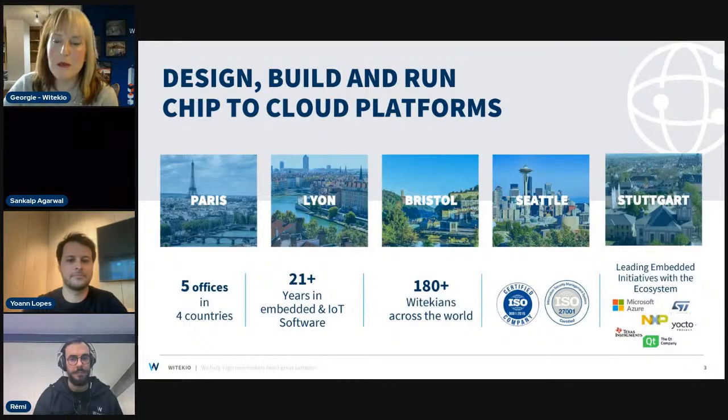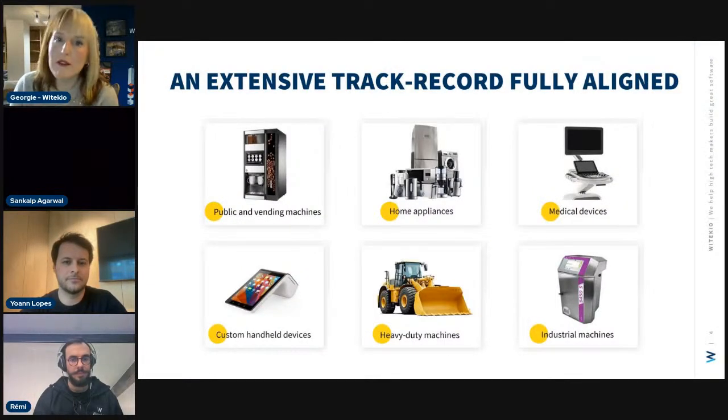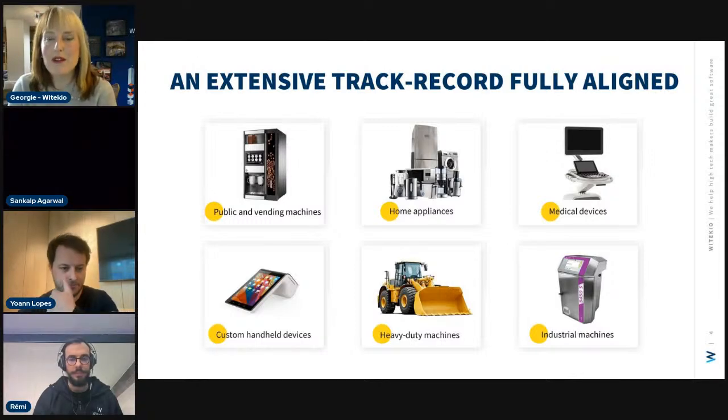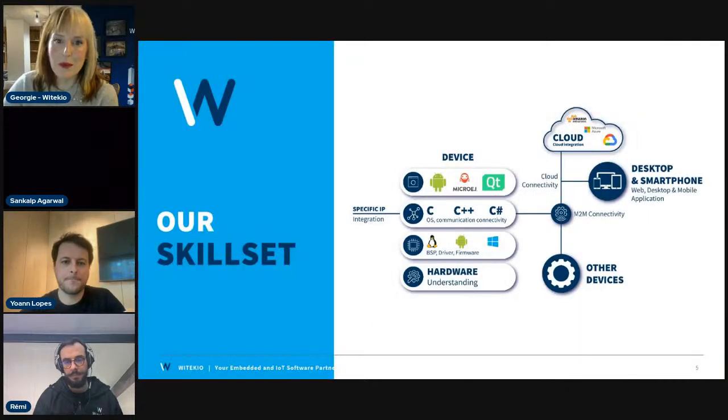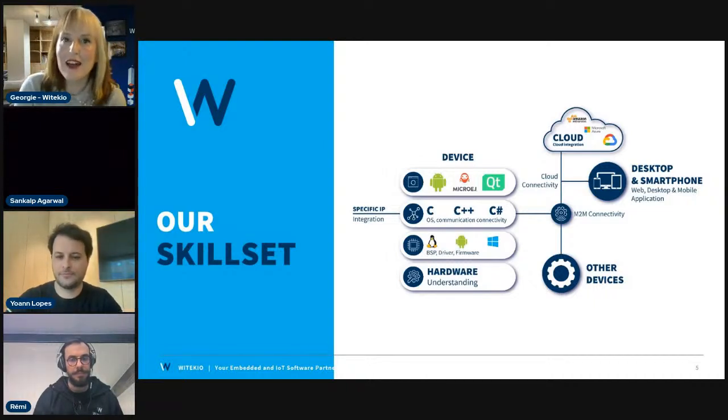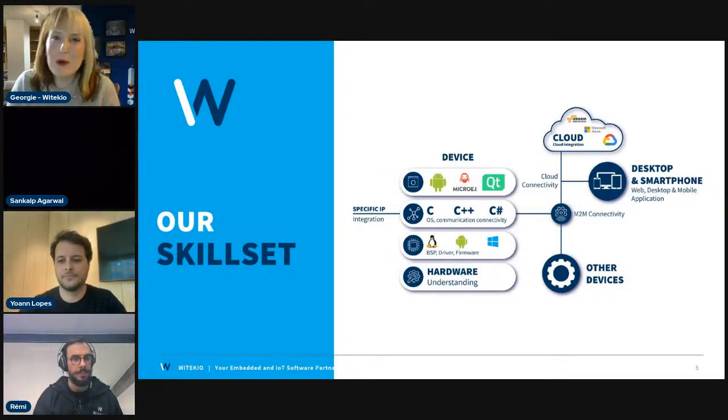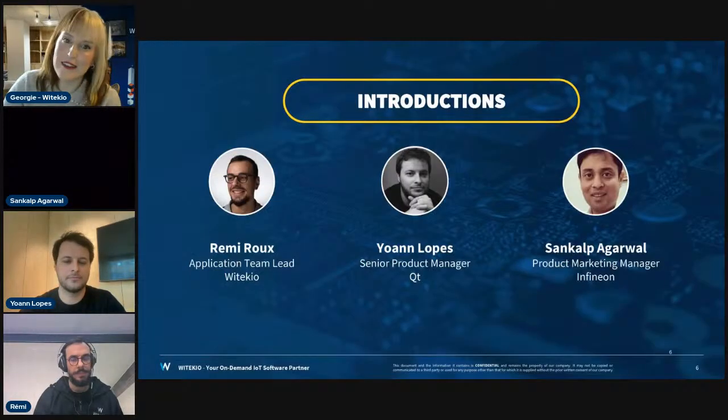We do everything from public vending machines to home appliances and medical devices, whatever your industry. Our skill set is vast, and we have partnerships with some of the biggest names in tech, including Qt and Infineon, which is why we're all here today to talk about how we work together to solve your needs.